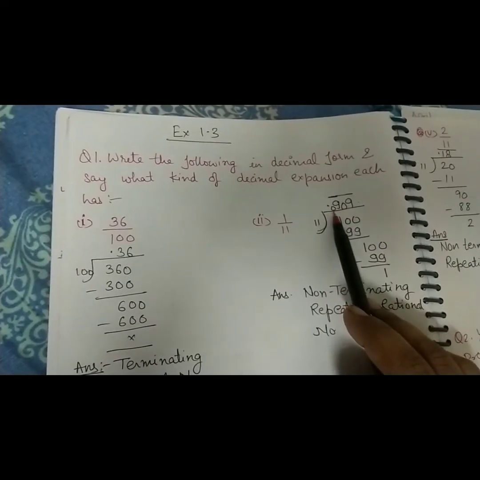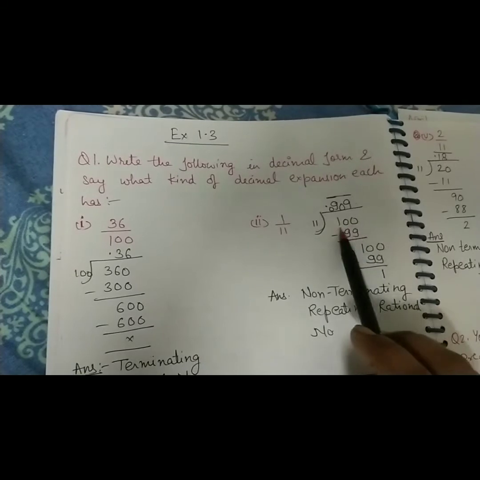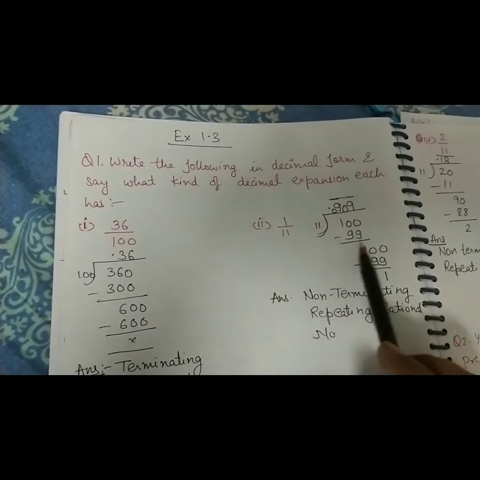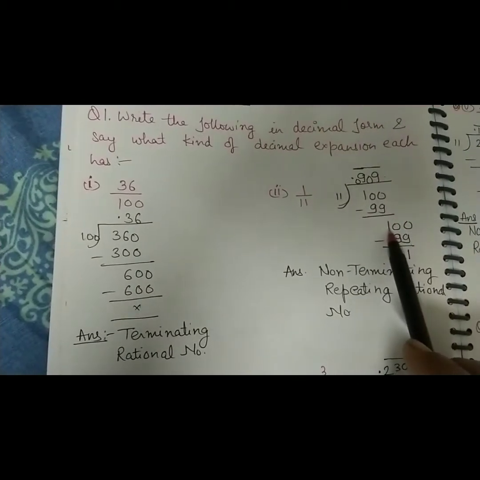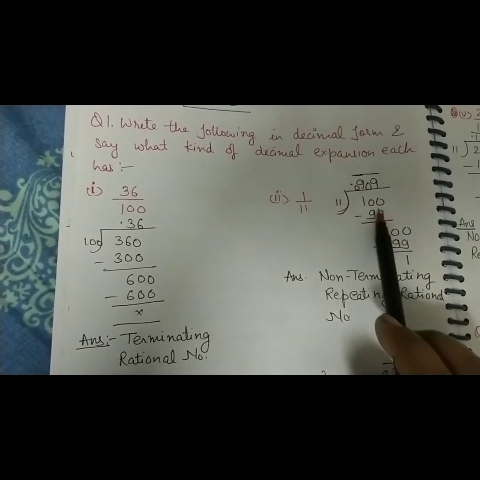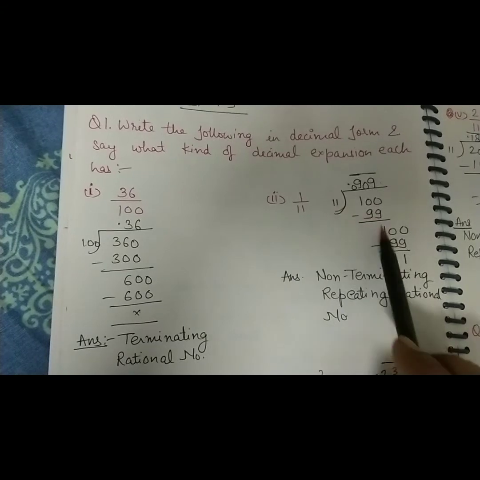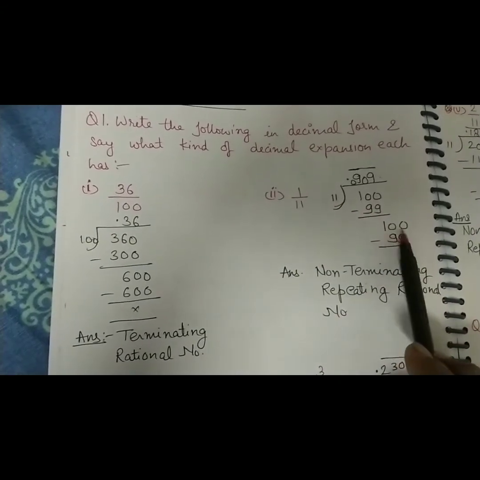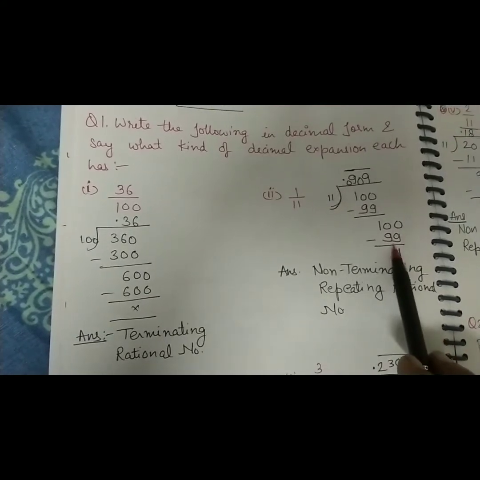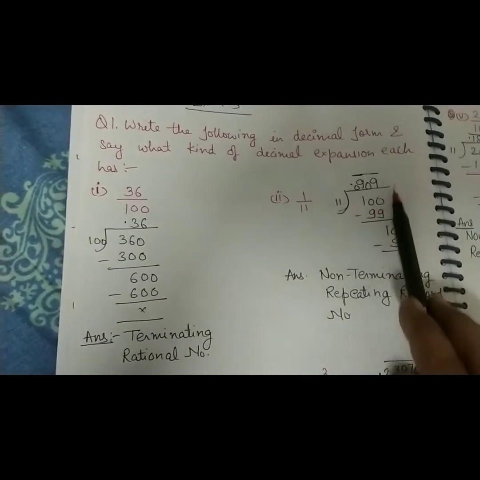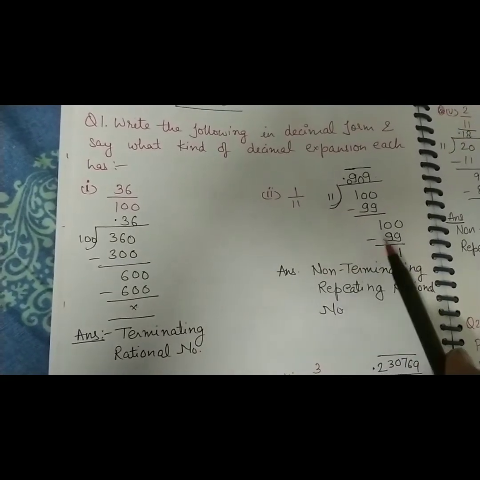So we put another 0 and then we got 100. 11 nines are 99. So we got the digit 1 again. Again, if you see, the remainder keeps on repeating. Again, we will put a 0. Then we got 100. Then 11 nines are 99. We get 1.